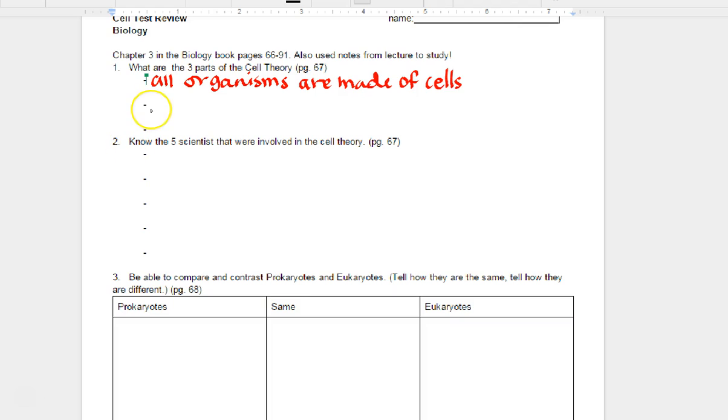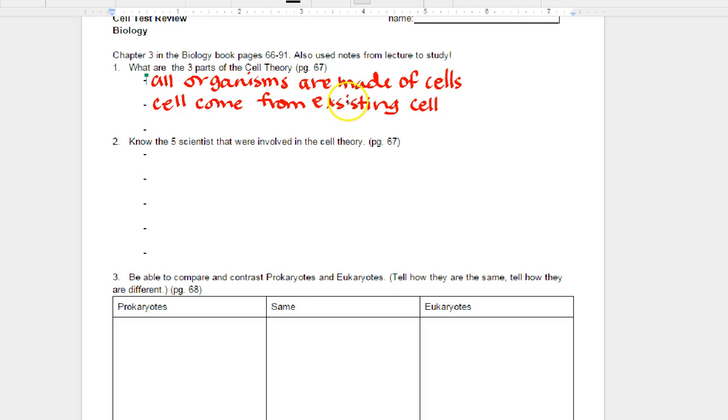The next one is that cells come from existing cells. This is really alluding to a chapter we're going to do later, that is mitosis, how cells reproduce, and they reproduce by splitting.